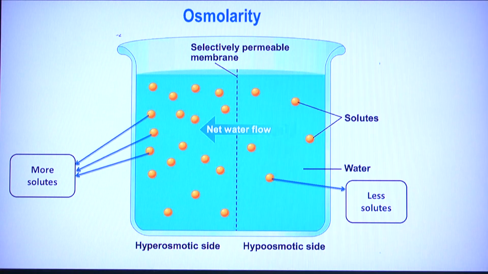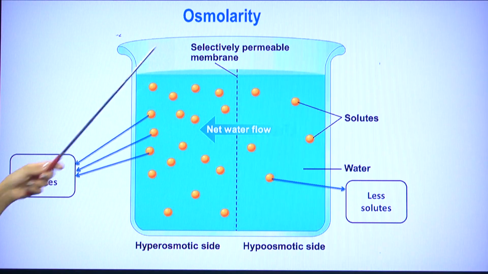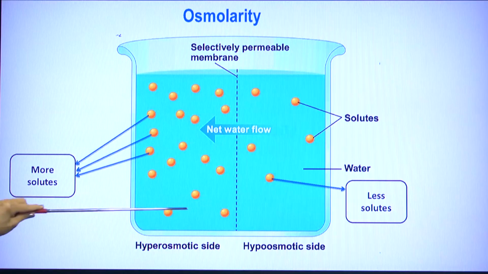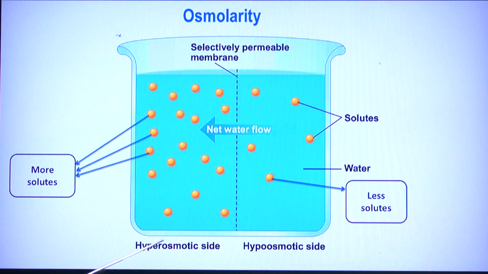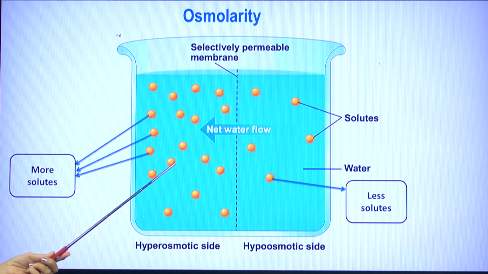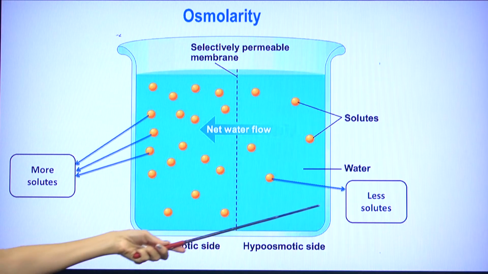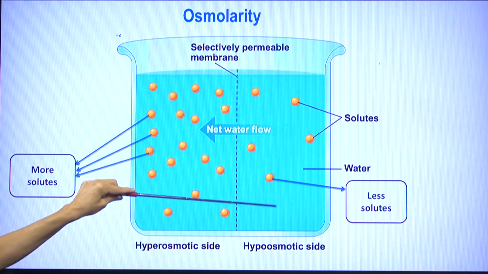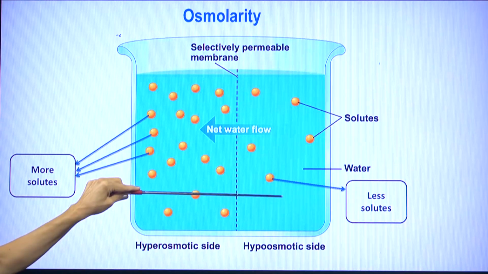Want to make sure we understand osmolarity very well. So osmolarity means the concentration of solutes. If I have more solutes, this fluid is hyperosmolar. It has higher osmolarity. If I have less solutes, this fluid is hypoosmolar.